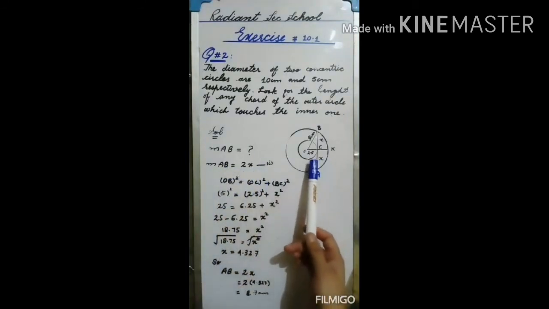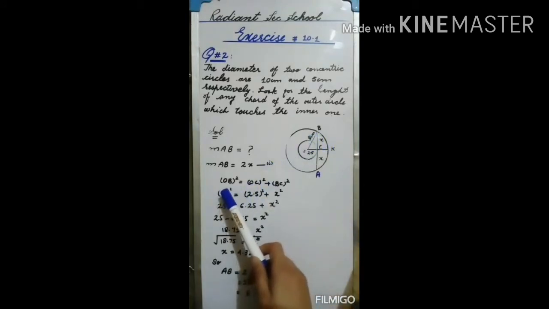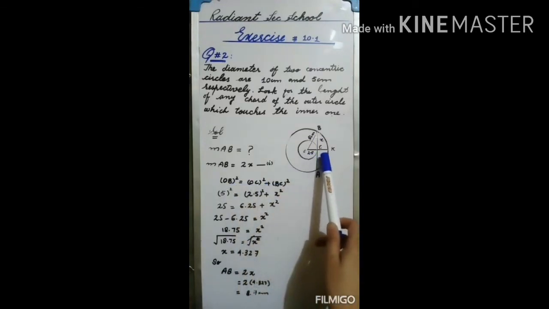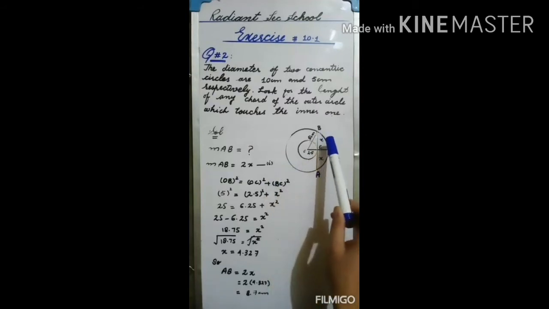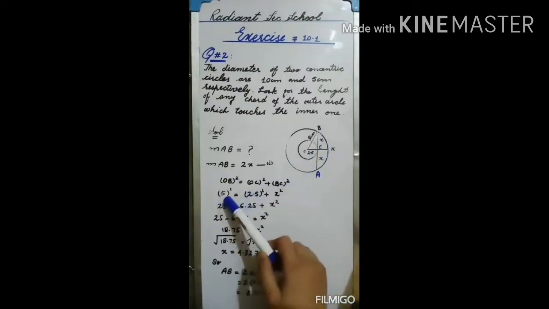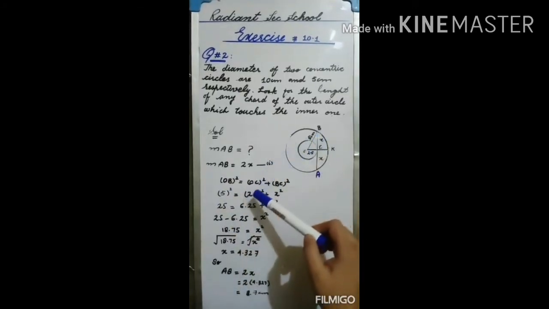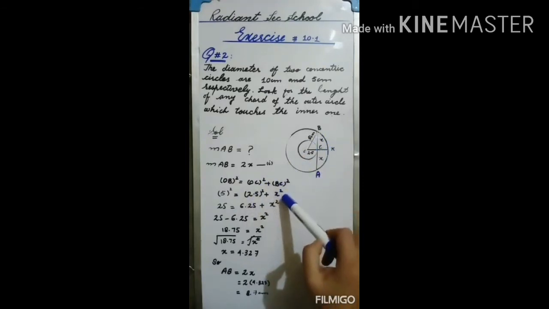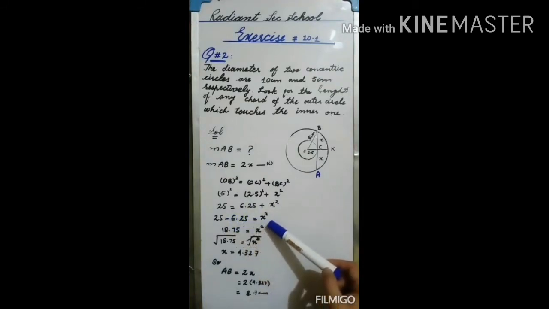Now we can use the Pythagoras theorem here in triangle OCB. So we can write hypotenuse square equals base square plus perpendicular square, that is OB square equals OC square plus BC square. The value of OB is 5, OC is 2.5 and BC is X. After simplifying, we get 25 minus 6.25 equals x square.